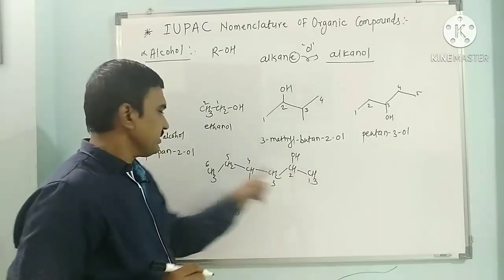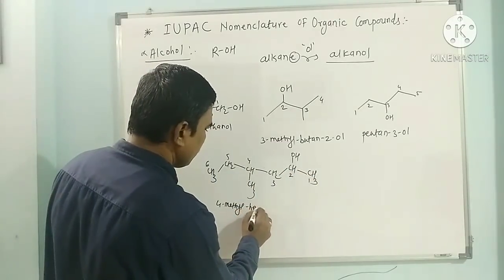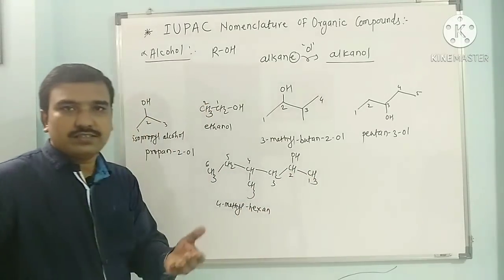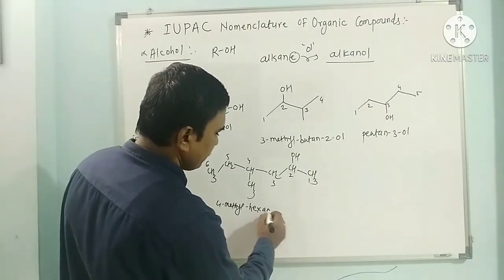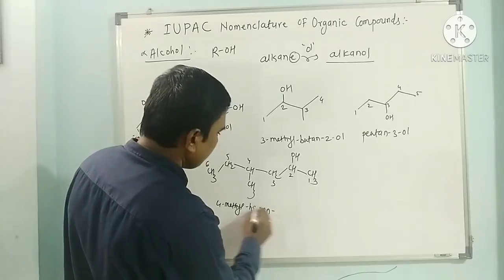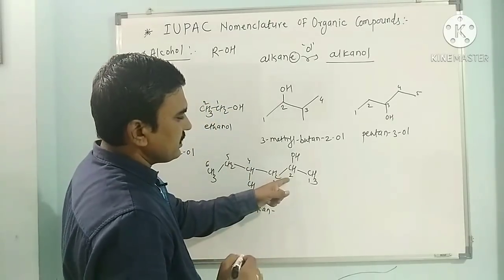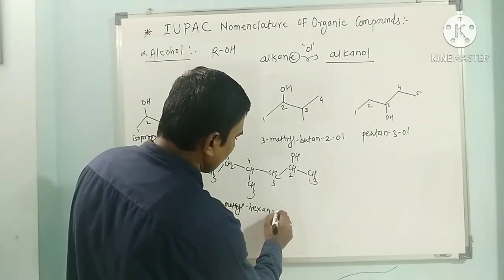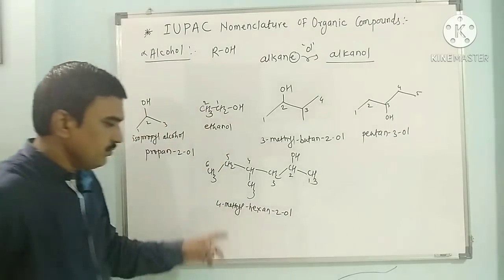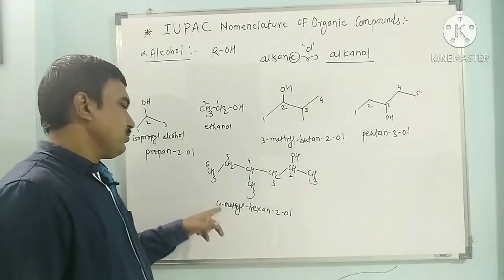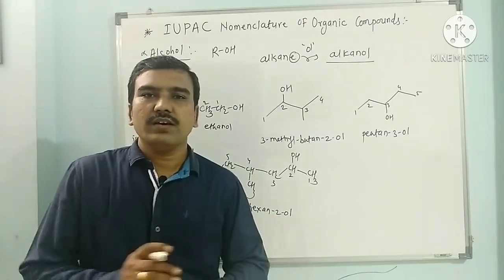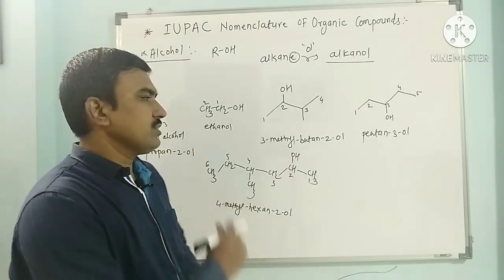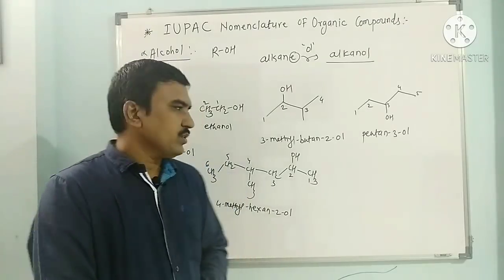How many carbons in a straight chain? 6, so it is hexane. 6 carbons means it belongs to the parent alkane hexane. Hexane, don't write the E here. The carbon having OH is the second one. So 2-ol, or 4-methyl 2-hexanol, or 4-methyl hexane 2-ol. In this way, alcohols are named according to these IUPAC rules.